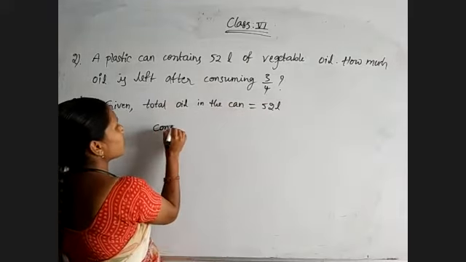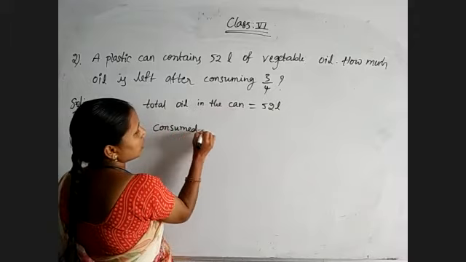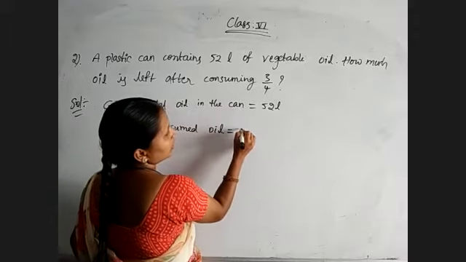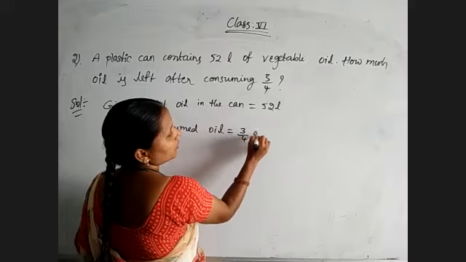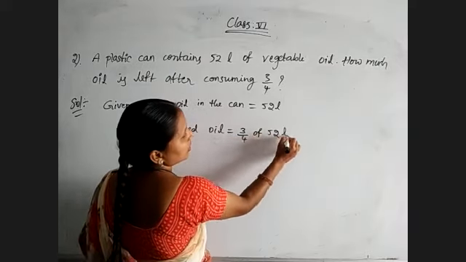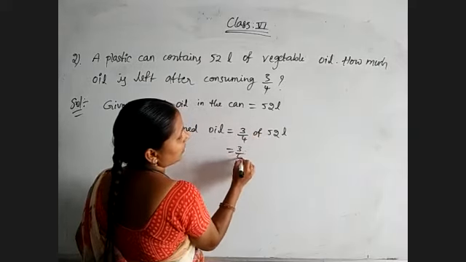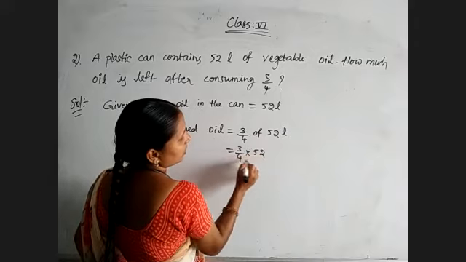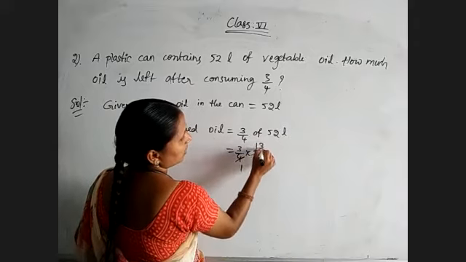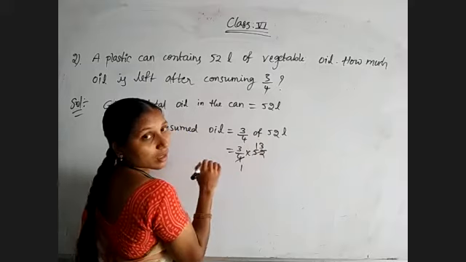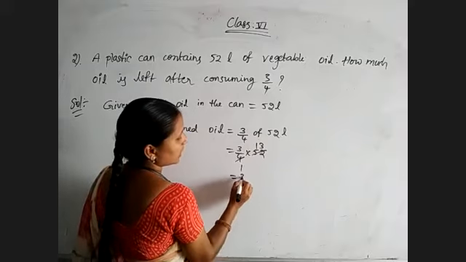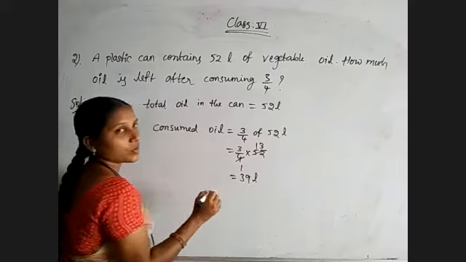Consumed oil is equal to 3/4 of 52 liters, that is 3 by 4 into 52. So 4 ones are 4, 4 thirteens are 52, 13 threes are 39 liters of oil was used.